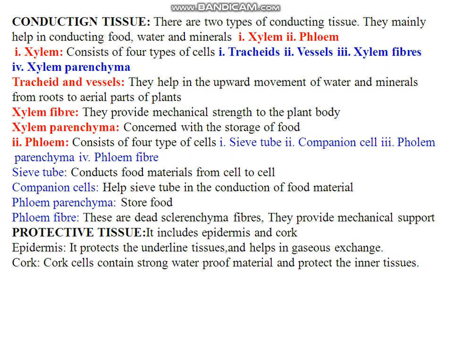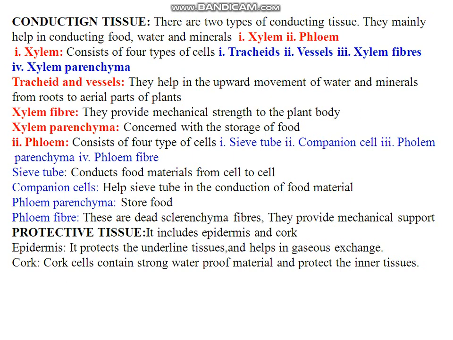The components of phloem are sieve tube, companion cell, phloem parenchyma and phloem fiber. So once again I am repeating, phloem is also made up of four types of cells, that is sieve tube, companion cell, phloem parenchyma and phloem fiber.